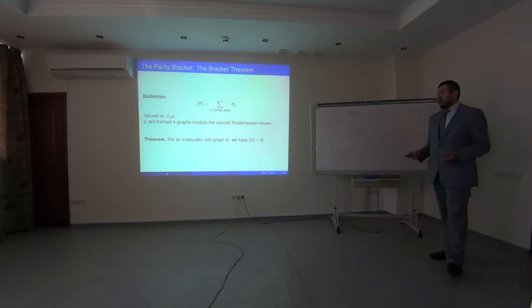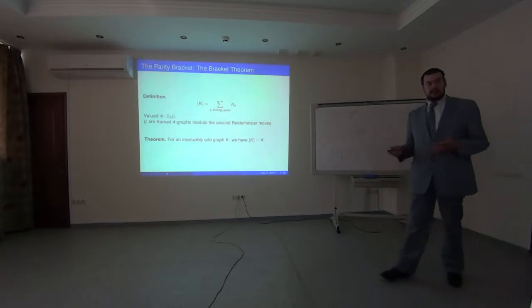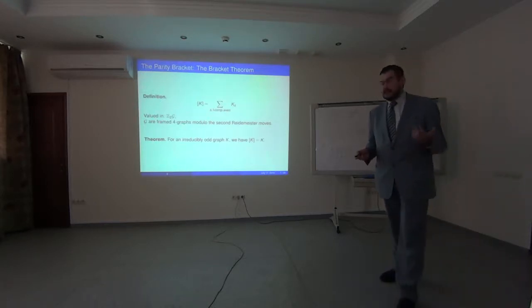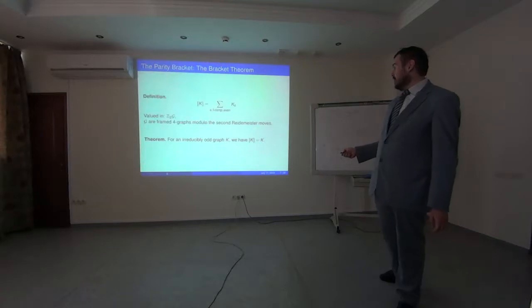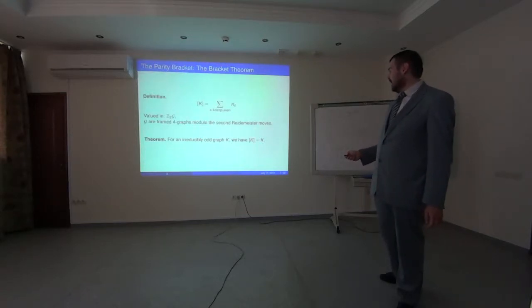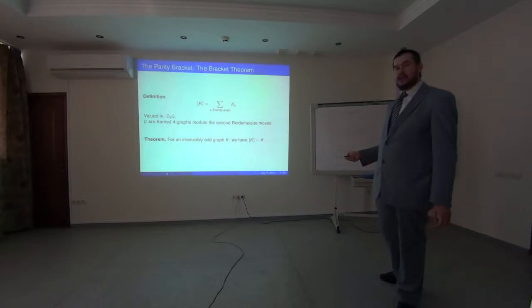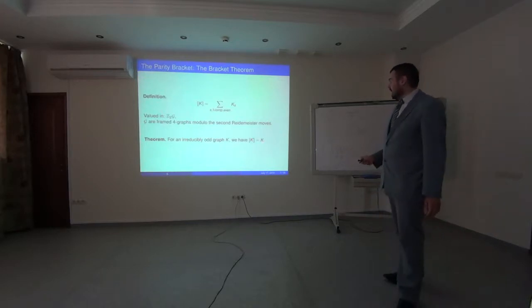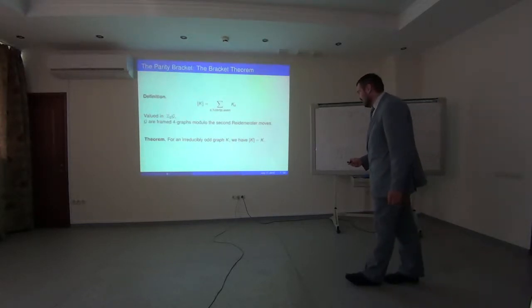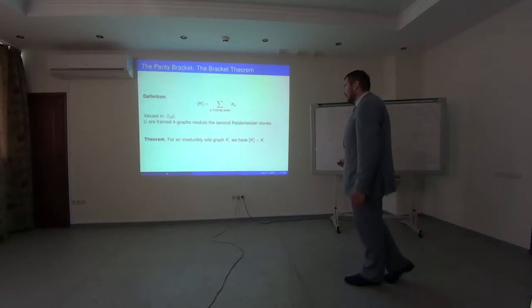And the main theorem, which proves the initial theorem about minimality in a strong sense and the fact that K prime contains K, is the fact that for an irreducibly odd graph K, the bracket of K is equal to K. You see here K is considered in two different senses. In the left-hand side, K is subject to moves.